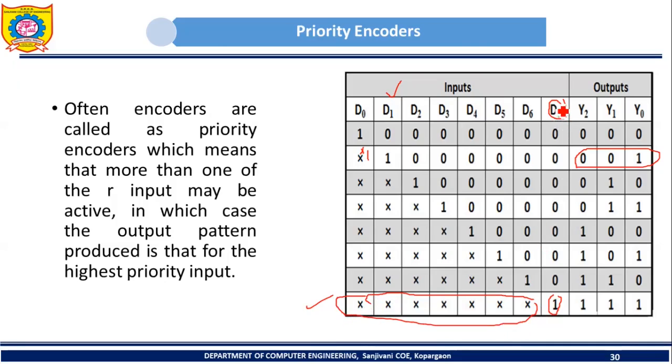It may happen that when D7 is 1, suppose D3 is also 1. Though D3 is 1, priority encoder will not give any significance to this 1. Priority encoder will consider only the D7 1, and will produce output 1, 1, 1. This 1, 1, 1 is a binary code equivalent to 7. So in this way priority encoder works.